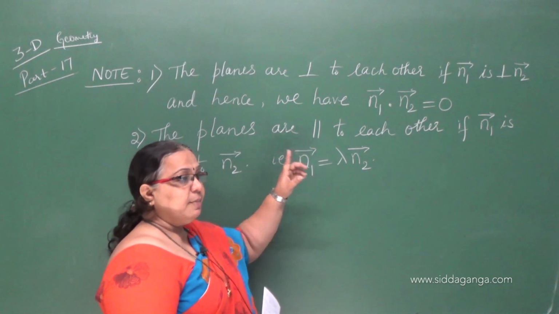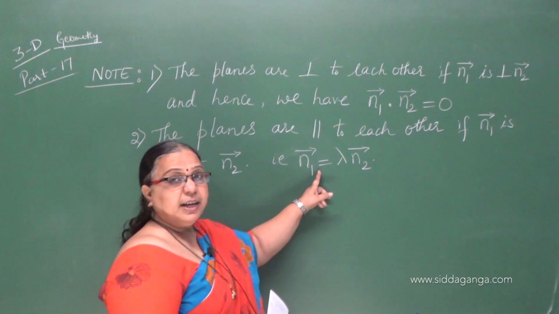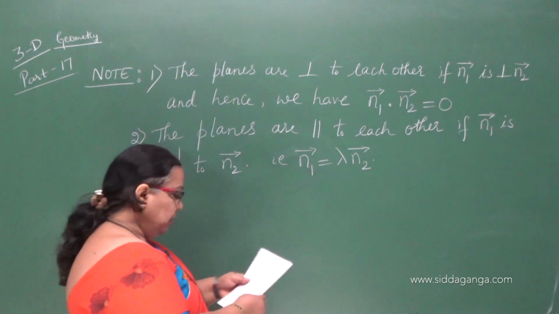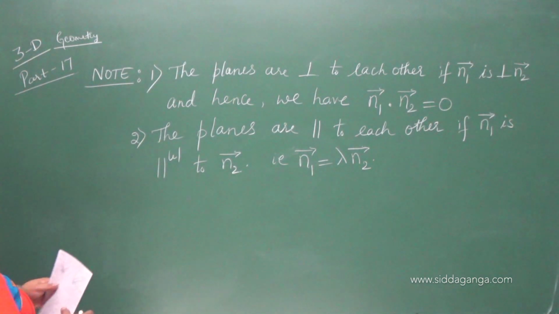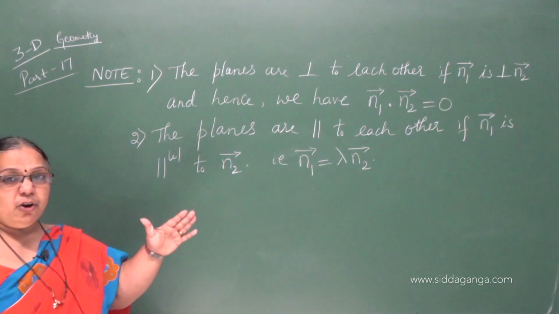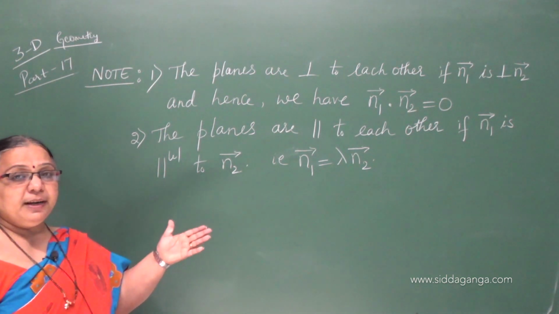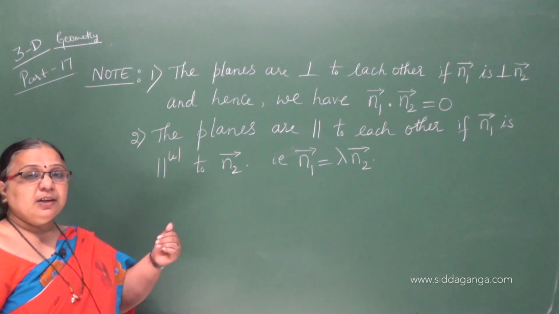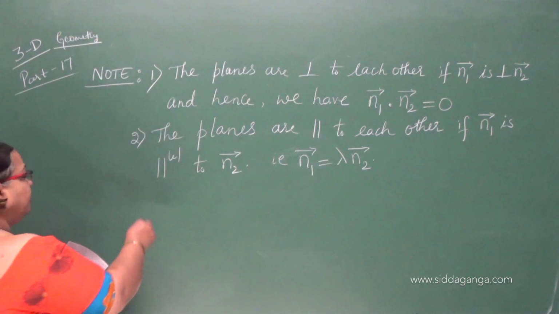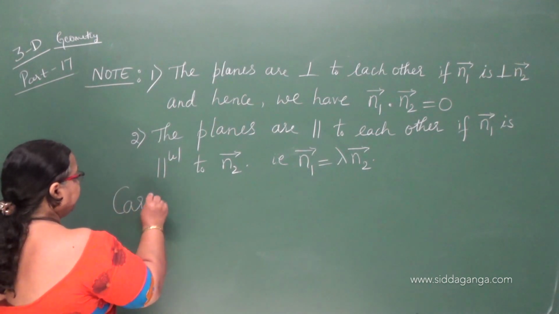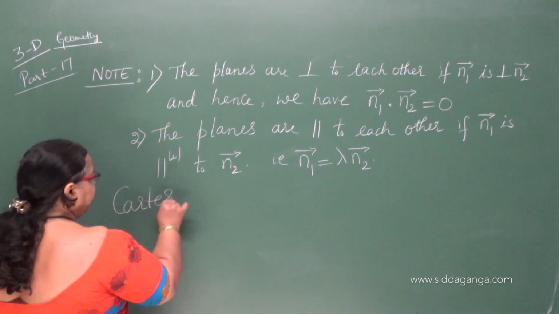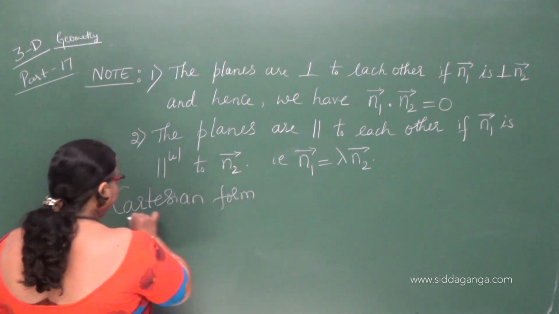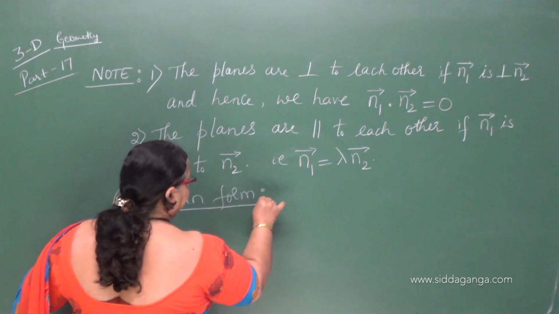Basically, this is written according to the definition we gave when we started vectors. So now, we have written the cos theta formula in vector form, and we have to write it in terms of the Cartesian form. So now we have to write the Cartesian form of the angle between the two planes.